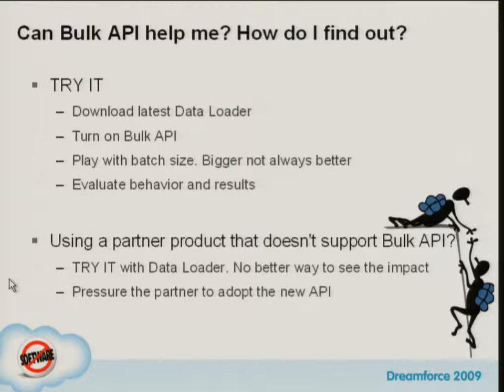Why do we allow batch sizes of over 10,000, and why, if a batch fails, do you have to reprocess it on the client side when you're keeping track of it on the server side? The first answer is there's a concept of a job and a concept of a batch.